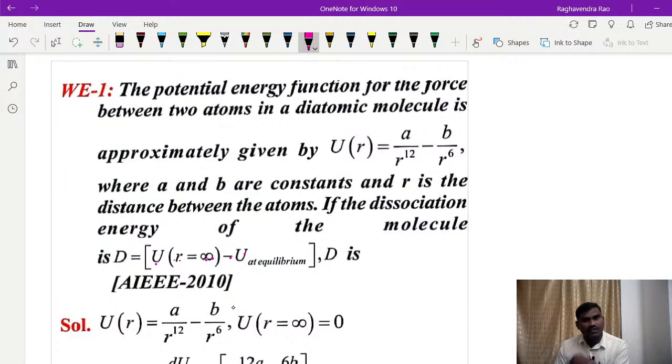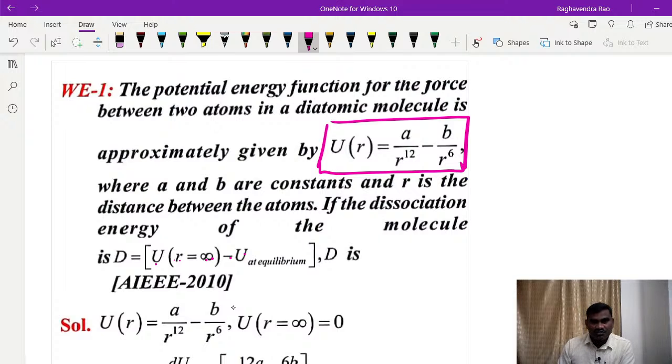The potential energy function for the force between two atoms in a diatomic molecule is approximately given by this, where A and B are constants and R is the distance between the atoms.